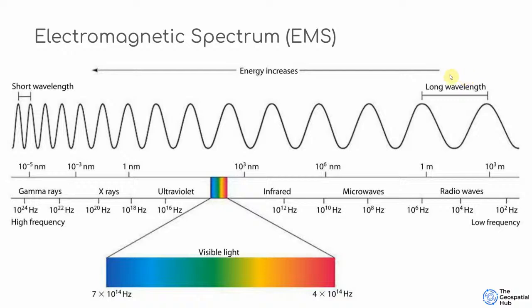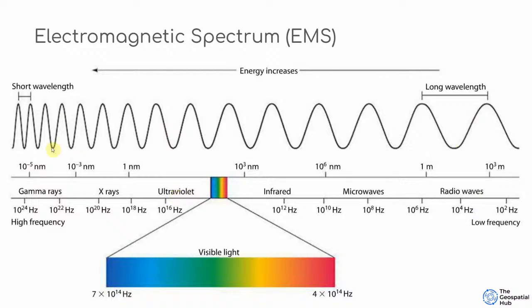Energy is increasing towards this side of the spectrum, and that's why the frequency is higher at this portion of the spectrum. Then it goes down, and the frequency becomes lower at this portion. The microwave and the radio waves have frequencies quite lower compared to the gamma rays, the X-ray, and the ultraviolet.